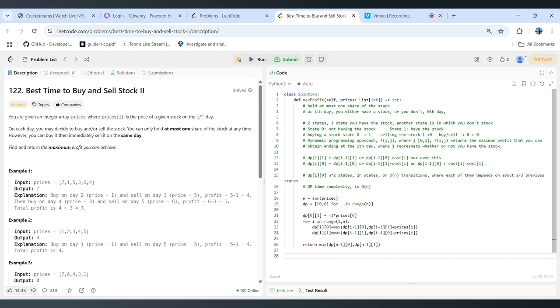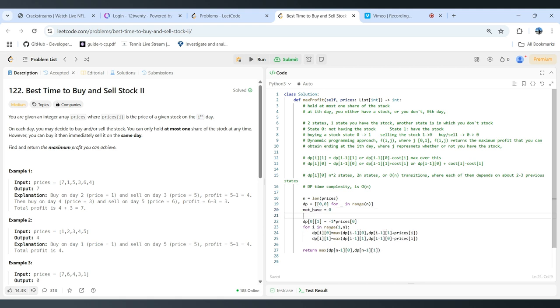Maybe we don't need to keep this inside the array. We can just keep it as constant space, since we only need the previous state of having the stock or not having the stock. So in this case, we could just use O of 1 memory. So we can just have two variables, one of which is not have equal to 0.